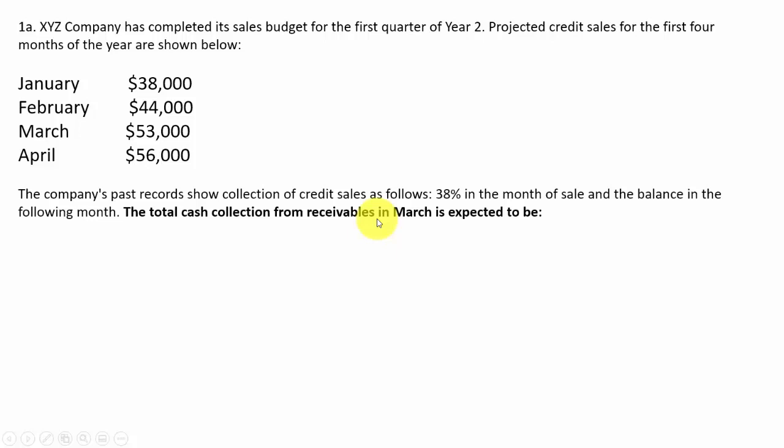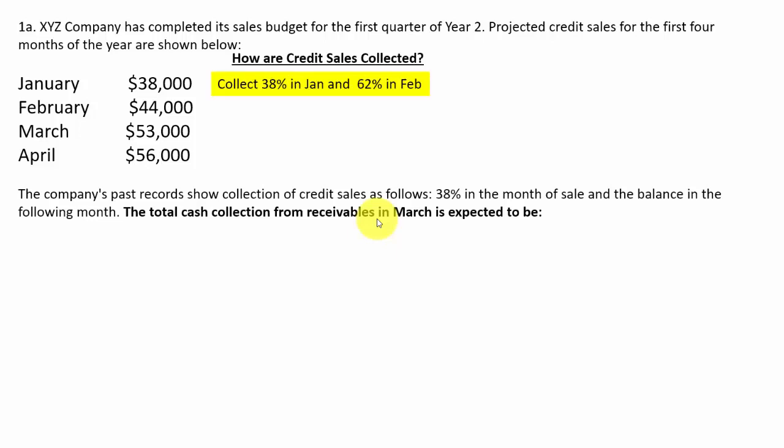So the way we'd figure that is, I'm going to probably show you a little more than what you need to know, but I think that's good for you to see the whole picture. Okay, so how do we collect our credit sales? For January sales, we're going to collect 38% in the month of sale, and the other 62% in the following month, which is February.